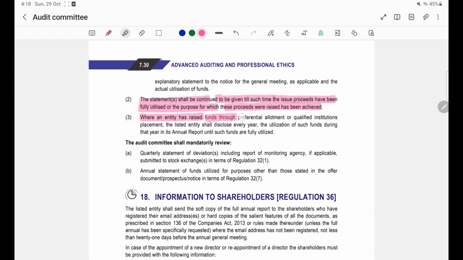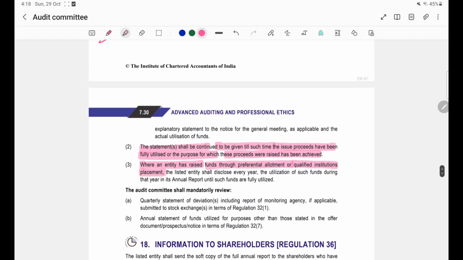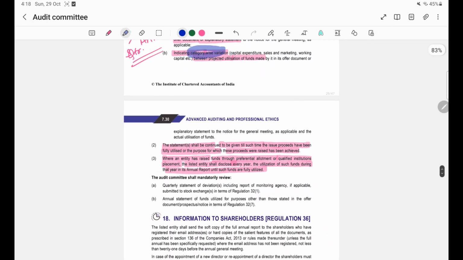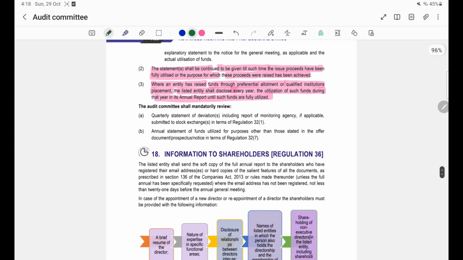Where an entity has raised funds through the preferential allotment or qualified institutions placement, the listed entity shall disclose every year the utilization until it is fully utilized. So see, category wise variation should be there. Then at what time, till what time statement shall be continued to be given?